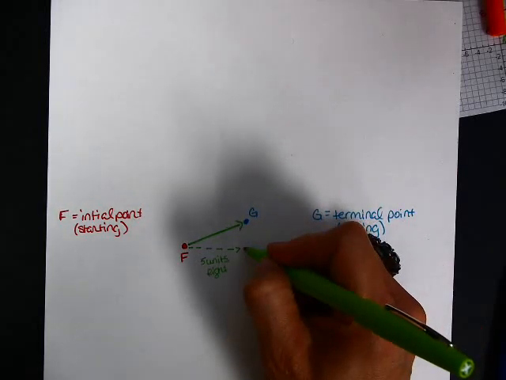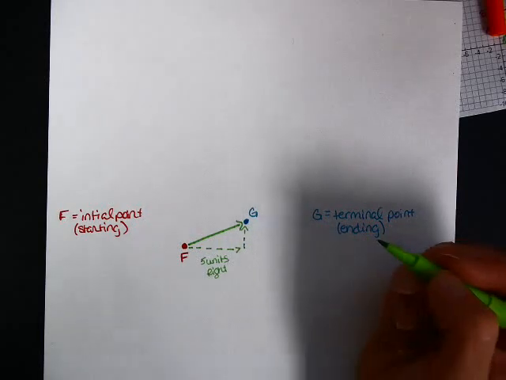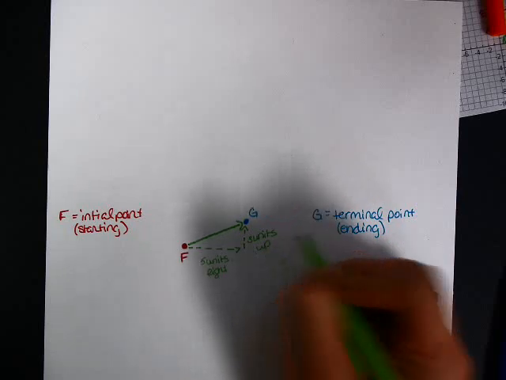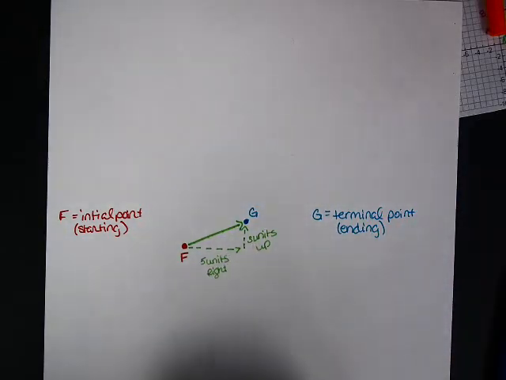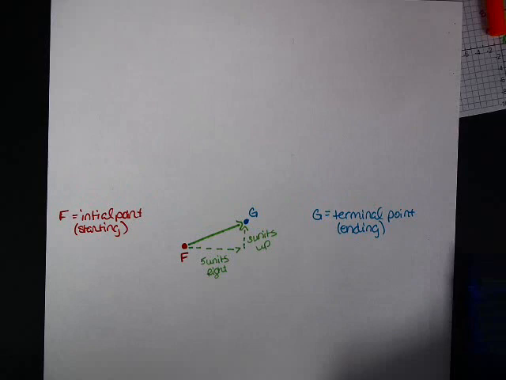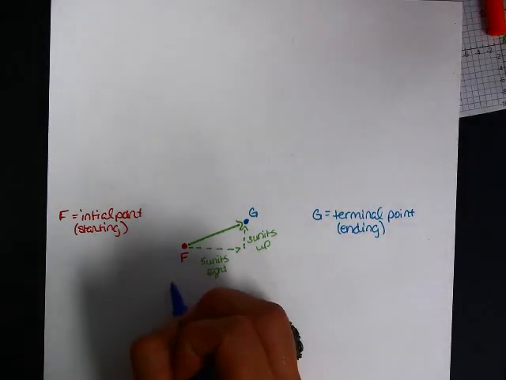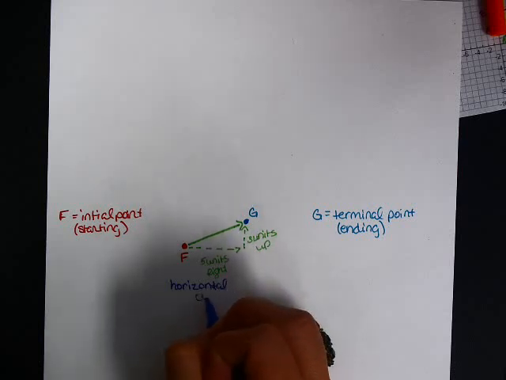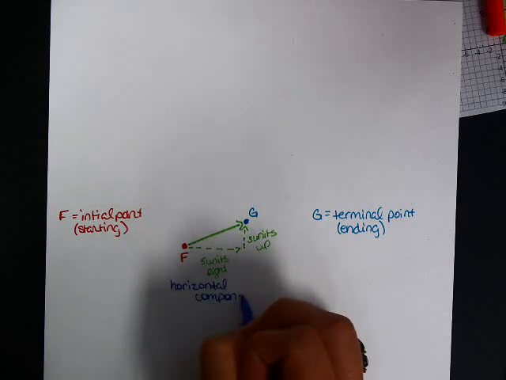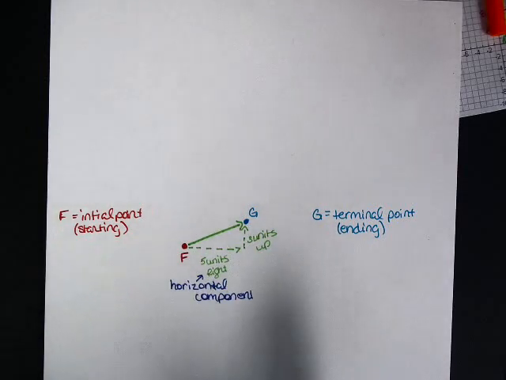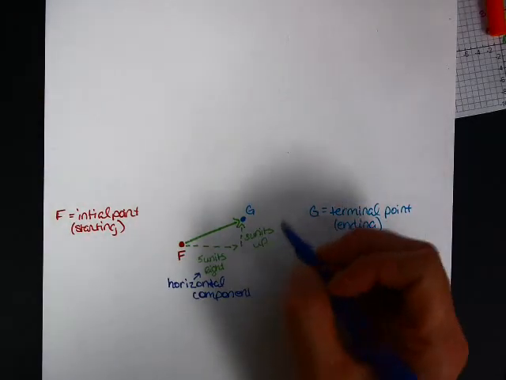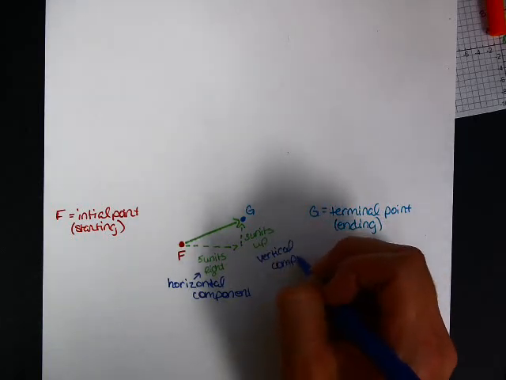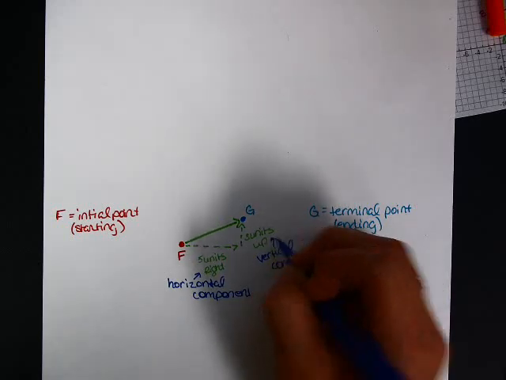And then I have to go up 3 units. Both of those being positive directions. This is our horizontal component, telling us which way we're moving, left or right. And this is our vertical component, saying are we moving up or down.